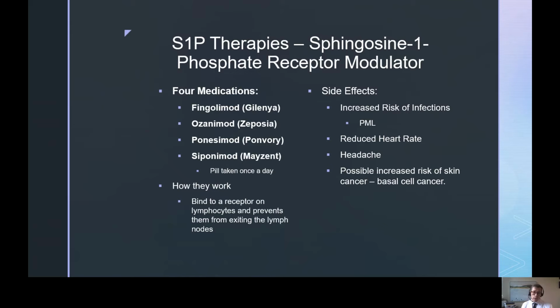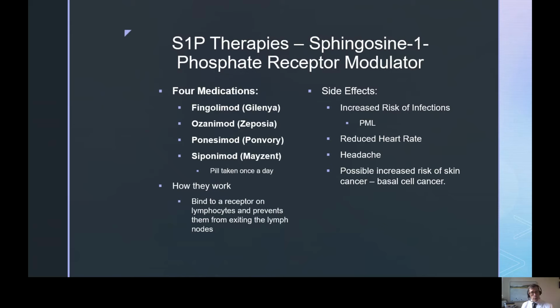However, once you stop the medication, then the lymphocytes are able to exit the lymph node and do what they were doing previously. So by having less of these cells, then you're less likely to have a relapse on these medications. Potential side effects include an increased risk of infections, particularly respiratory infections, and there have been cases of PML reported on this class of medications, although the risk is much lower compared to Tysabri.